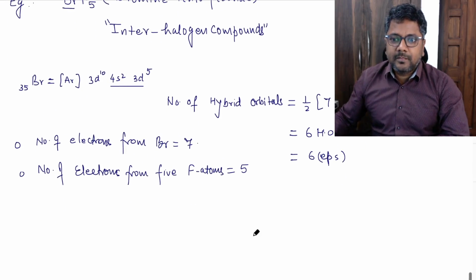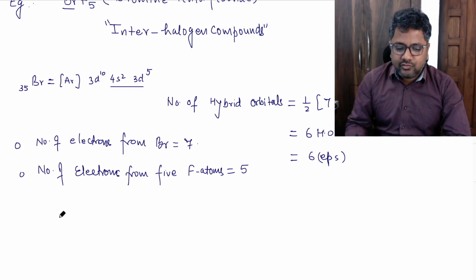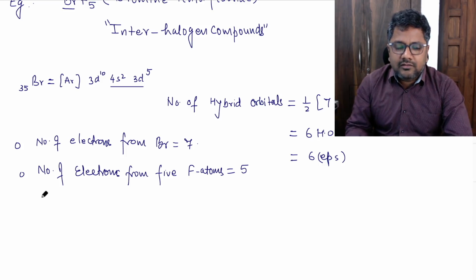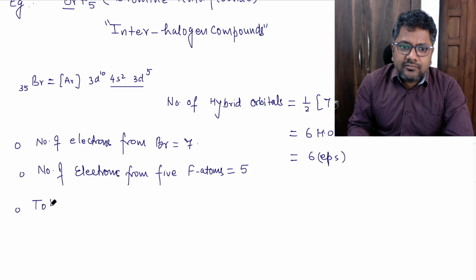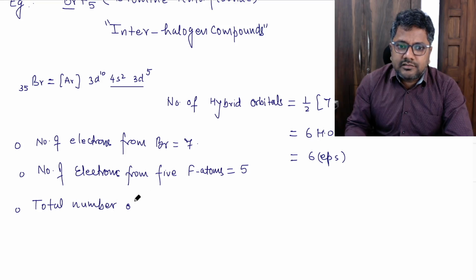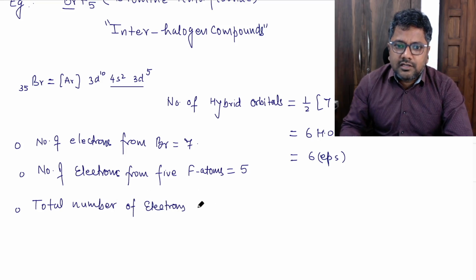Now, total number of electrons around the bromine, any question can be asked, is equal to 7 plus 5, 12.